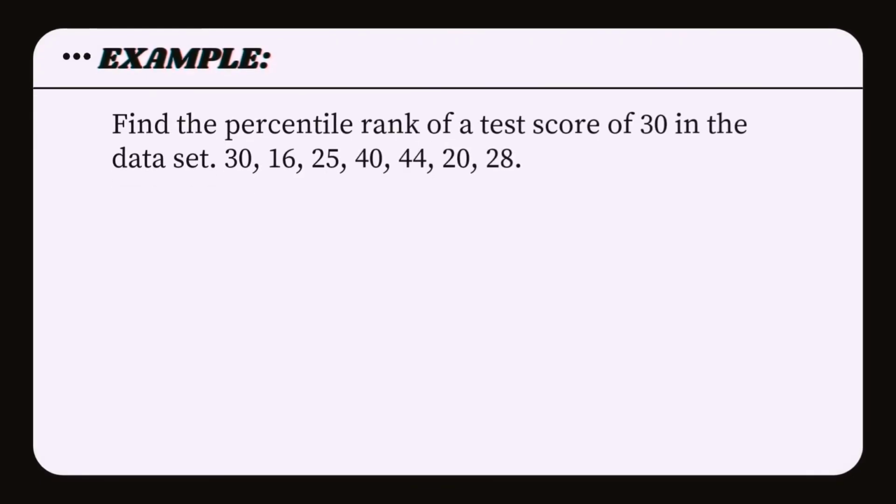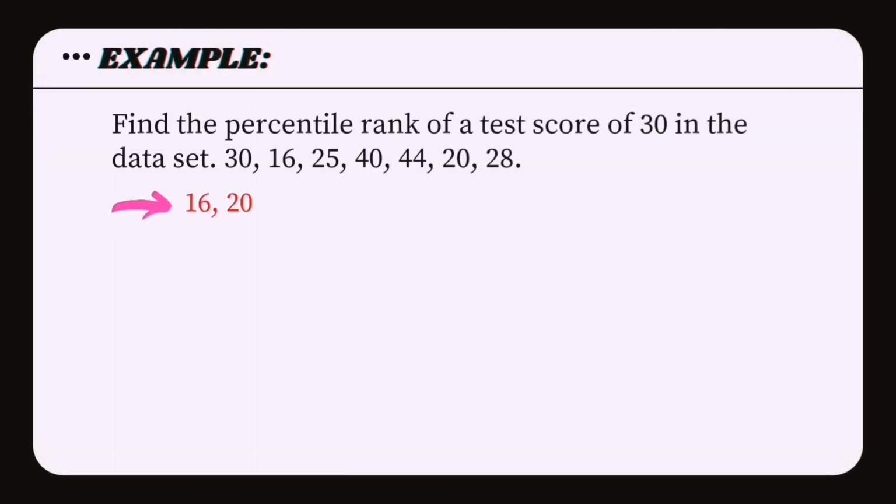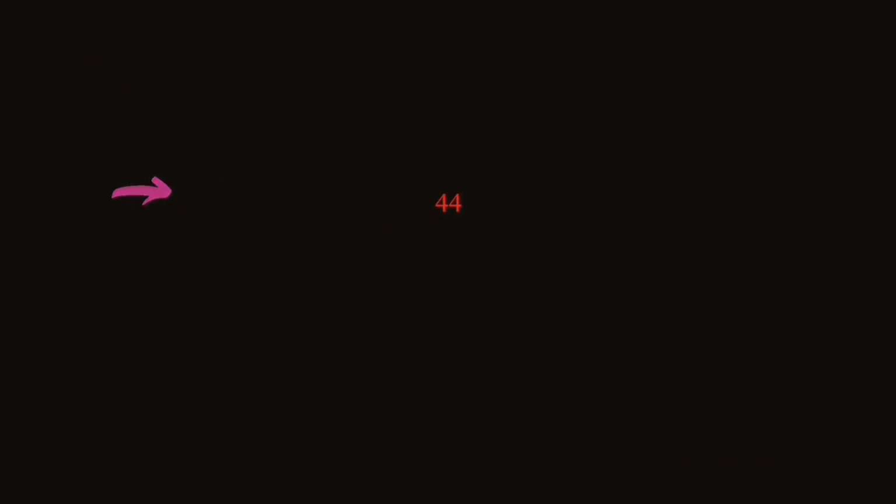Let's now proceed to the example. Find the percentile rank of a test score of 30 in the dataset: 30, 16, 25, 40, 44, 20, and 28. And again, we have to arrange the given data into their ascending order. So we have 16, 20, 25, 28, 30, 40, and 44.